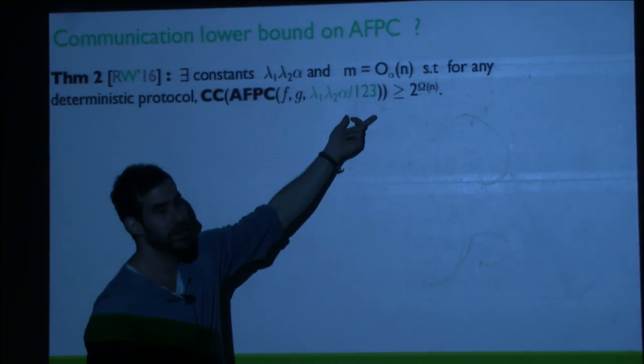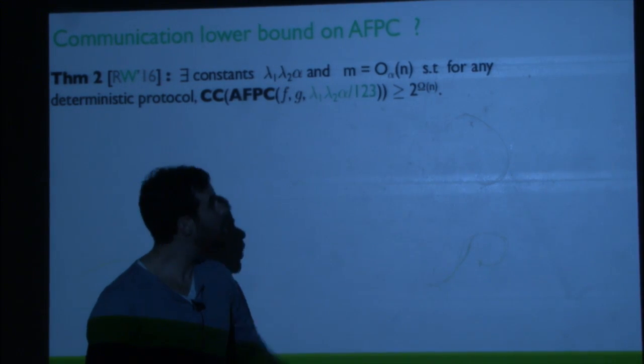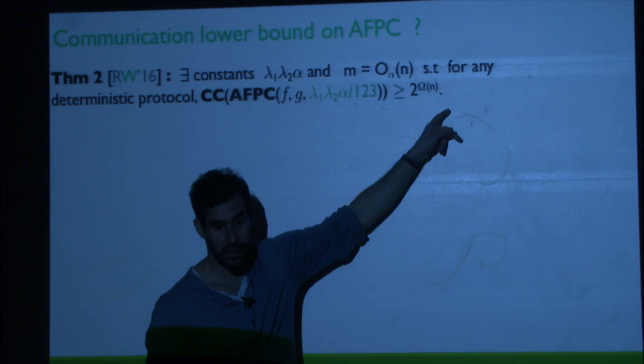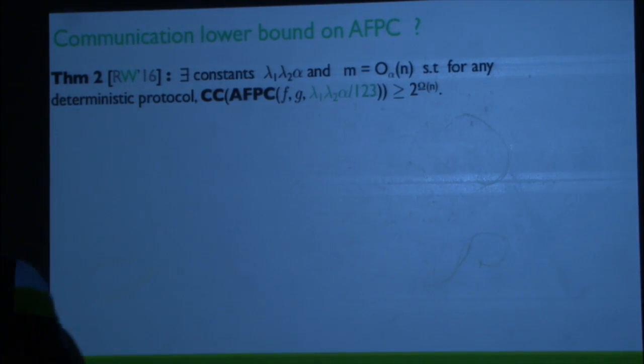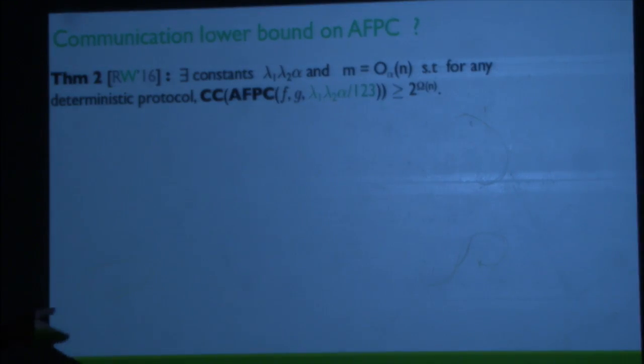What do you mean exponential communication? The matrix is n by n. No, exponentially little n. Okay, but now I'm going to say what you want to hear.